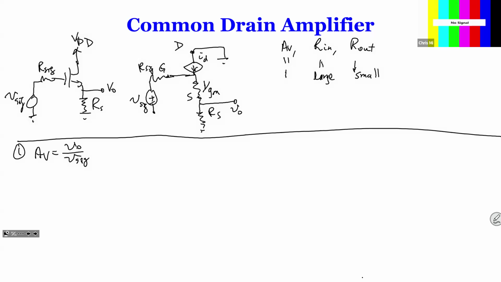So therefore, ID would flow all the way from ID through 1/GM through RS. So that same current flowing above gate and below gate, that's the same current flowing in the branch because there's zero current. So you're going to find that IG is really 0. So ID equal to IS.